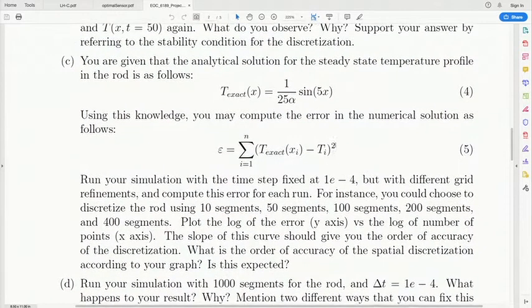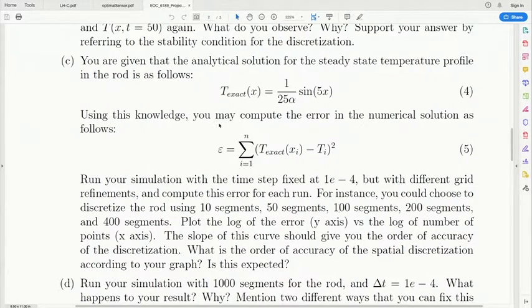The question is, for this problem you have to do a space convergence and a time convergence. You basically have to see how fast the error drops as you use smaller grid cells or smaller time steps. These are just some suggestions: you can break up your rod into 10 segments, 50, 100. But the question is, what time step do we compute the error at?